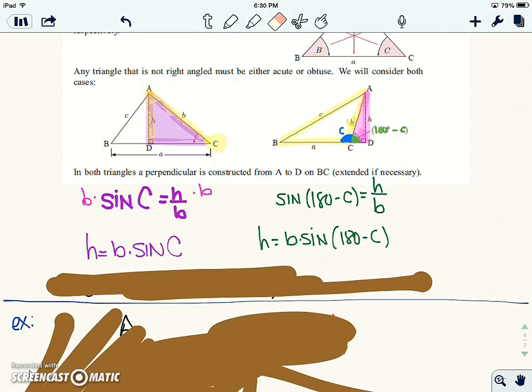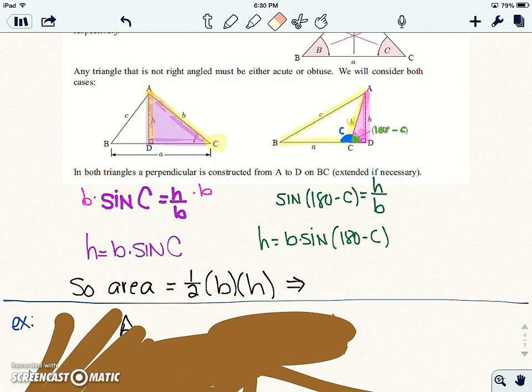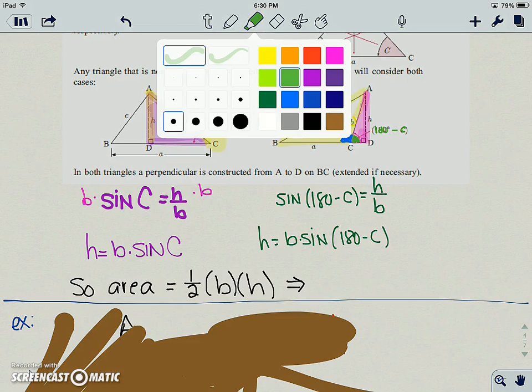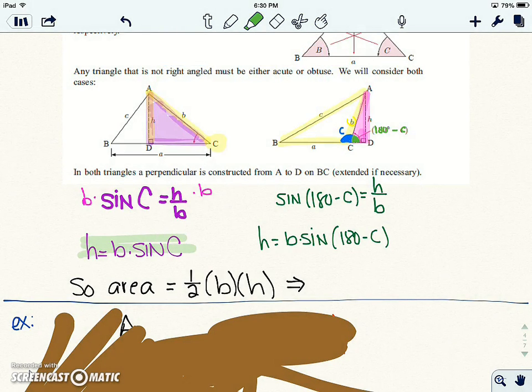Well, that leads us to our old formula, which is 1/2 b times h. Let's go ahead and use this version and substitute in for h.